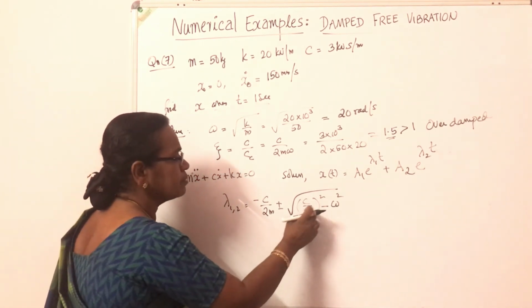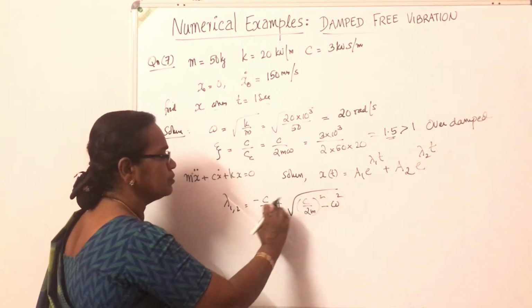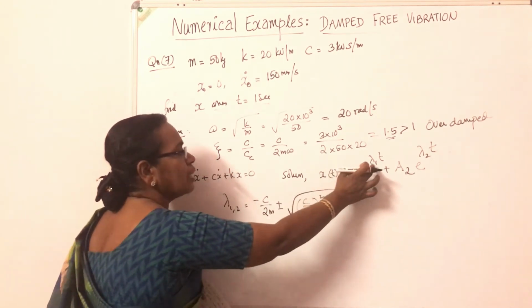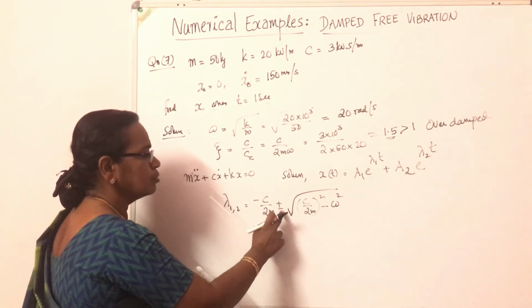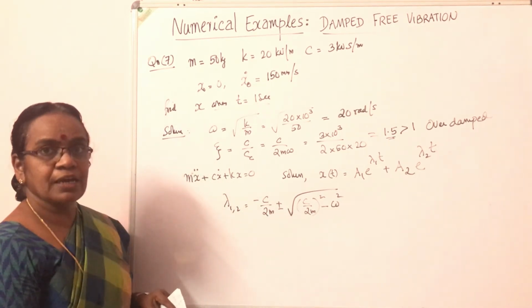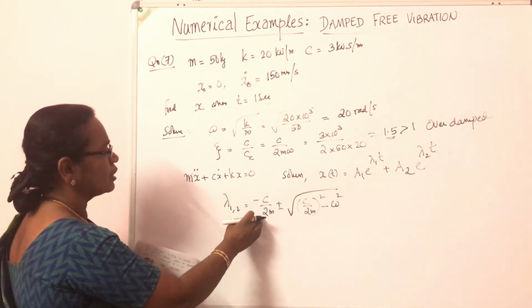So when c by 2m is greater than omega, this will become positive. So there will be two different roots, lambda 1 and lambda 2. One will be obtained by the plus sign and the second root by putting the minus sign. Let us substitute, all these values are available now.